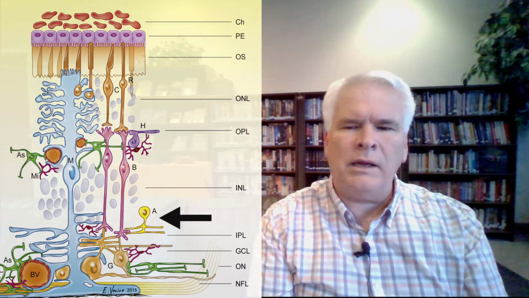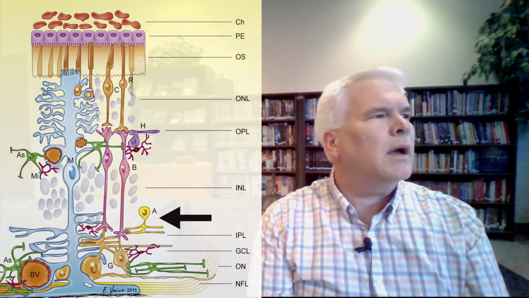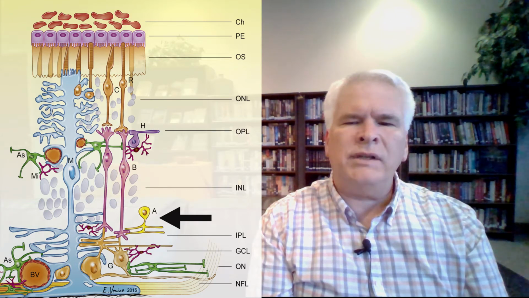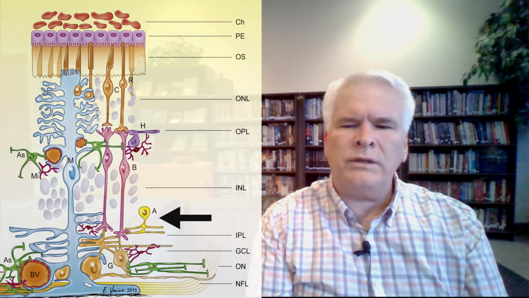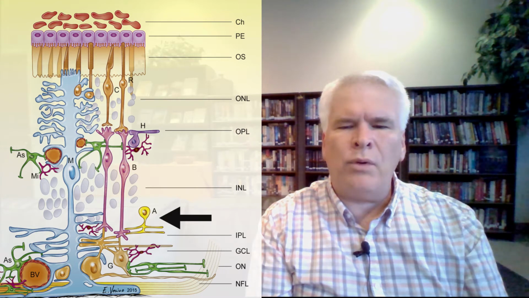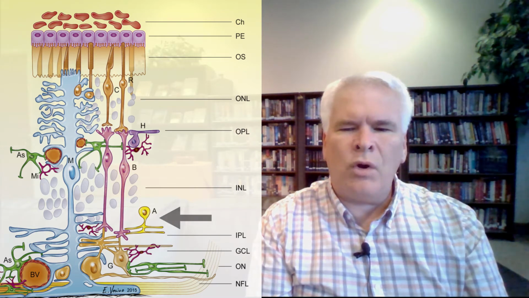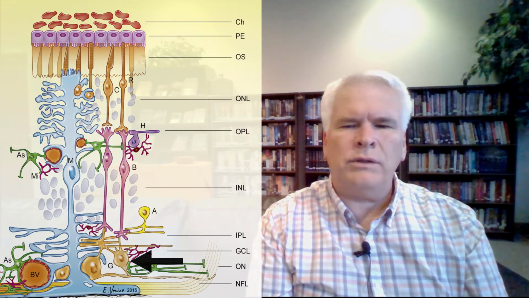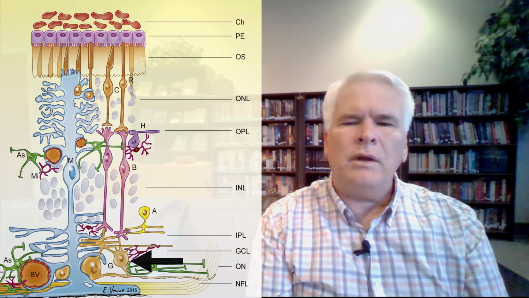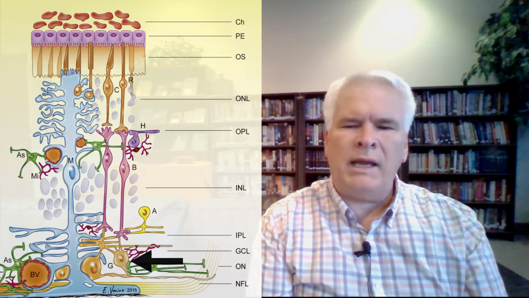They are similarly horizontal in shape, and they have a similar effect to the horizontal cells, except what they do is they can take information from multiple bipolar cells and pass them on to the ganglion cells. So they can send a combined message from multiple bipolar cells to the ganglion cell.